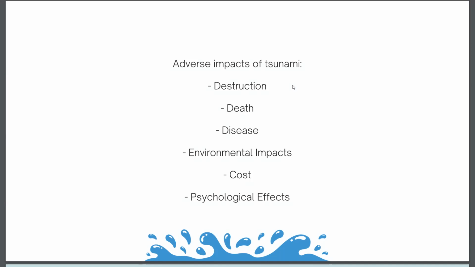First is destruction. The amount of energy and water contained in a huge tsunami can cause extreme destruction when it strikes inland. The initial wave of a huge tsunami is extremely tall. However, most damage is not sustained by this wave.